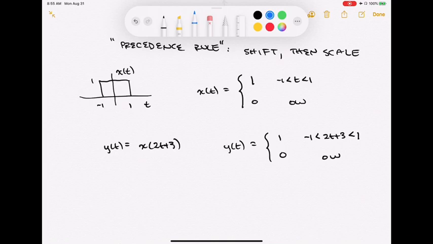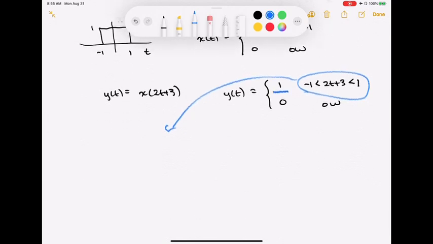Let's work with that expression right there for when this thing is going to be 1, right? How do I simplify that expression? -1 less than 2t plus 3 less than 1. If I want t all by itself, the first thing I'm going to do is get rid of that 3.